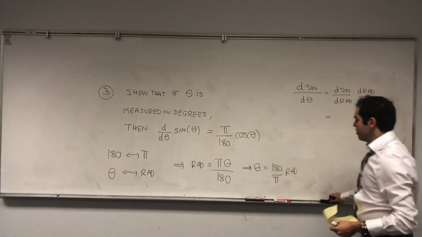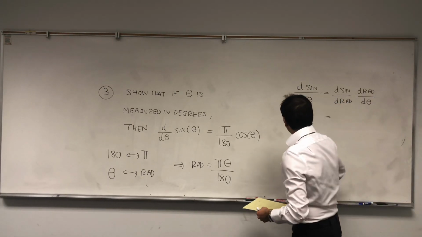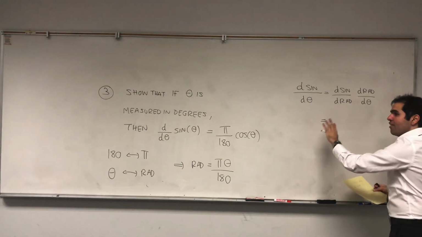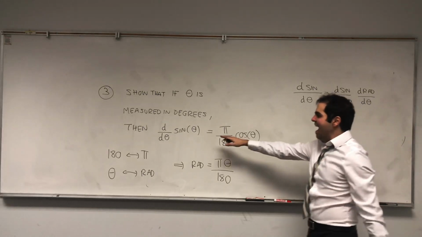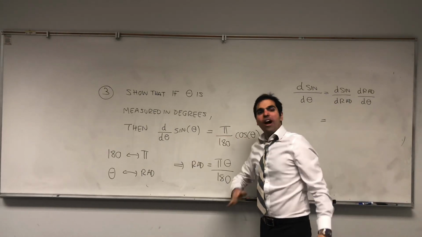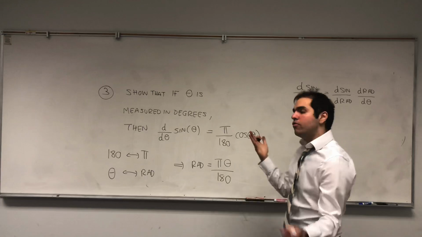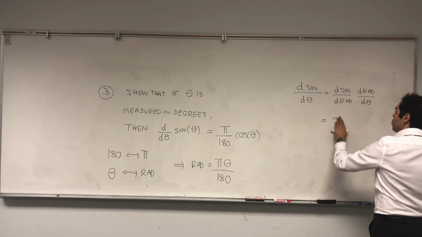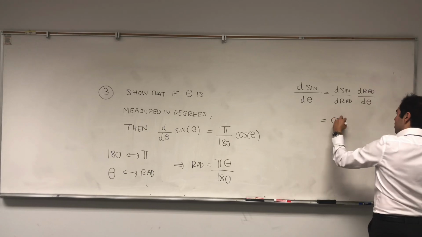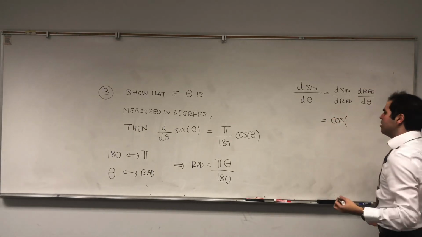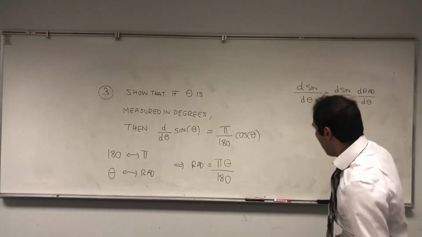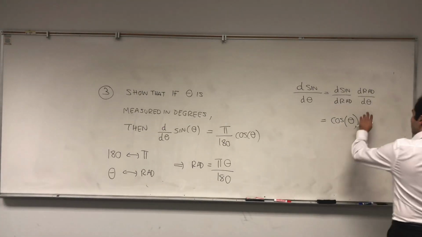Now, what is the derivative of sine when the angle is in radians? Well, that's precisely the formula we've learned. So d sine over d rad becomes cosine. Cosine of what? Cosine of your angle. So cosine of theta, and d rad over d theta.